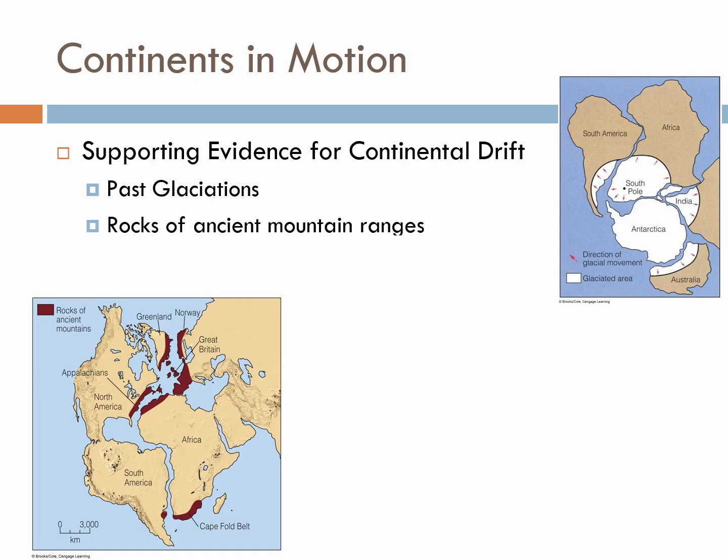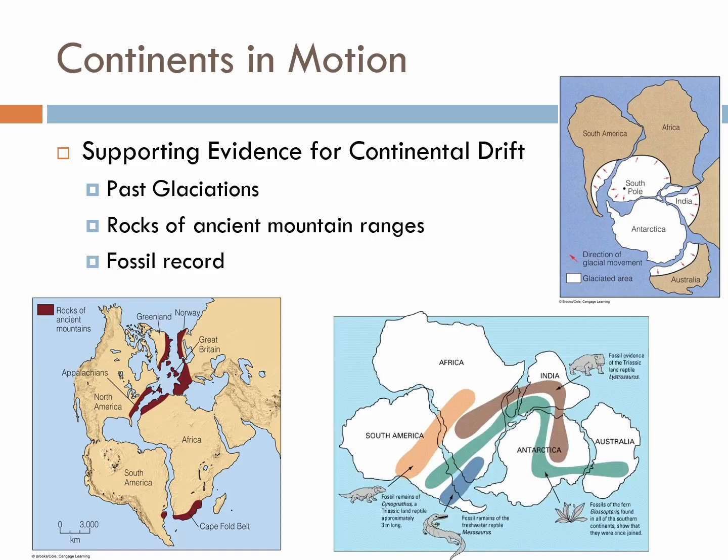The third bit of supporting evidence for what we call continental drift was that Wegener found evidence in the fossil record of animals that lived on different continents with different climates. He found fossil evidence of animals in Africa and South America, again, currently separated by oceans, that were relatively small terrestrial organisms.